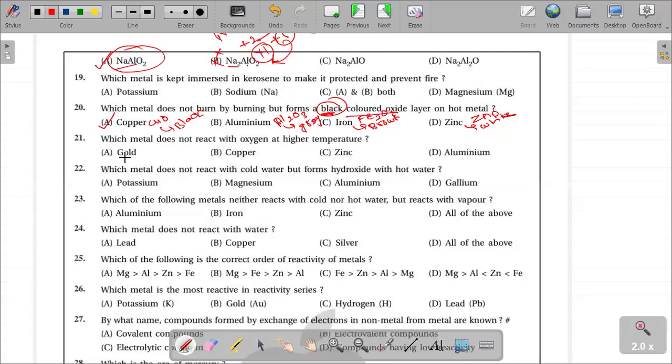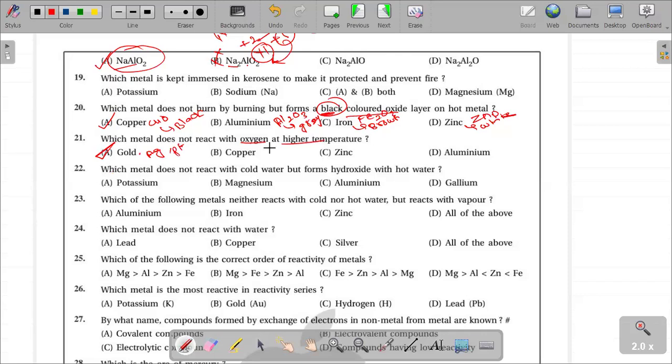And next case, which metal does not react with oxygen at high temperature? Which metal won't react with oxygen? So obviously gold or silver or platinum. These elements won't react. Actually, it should not react with the oxygen at a high temperature or a low temperature.